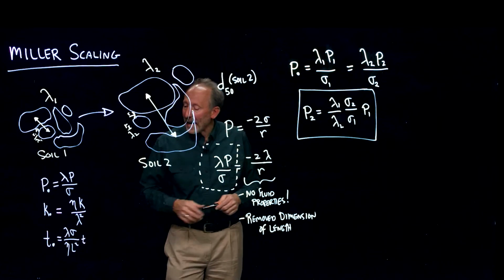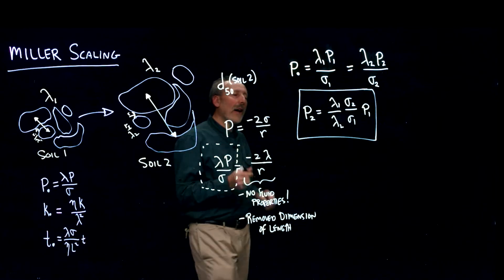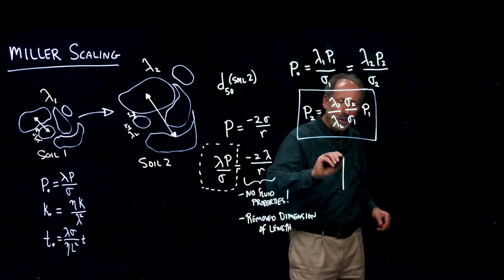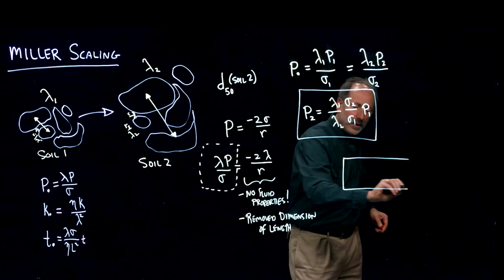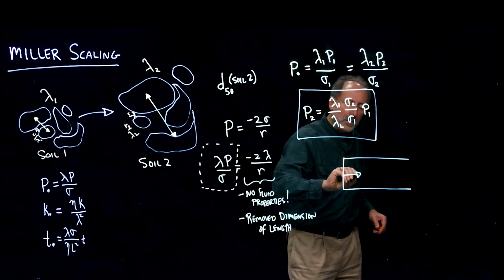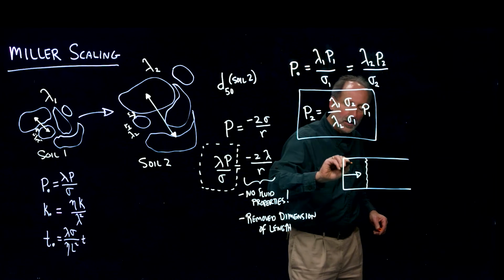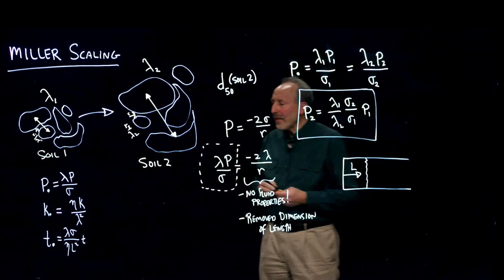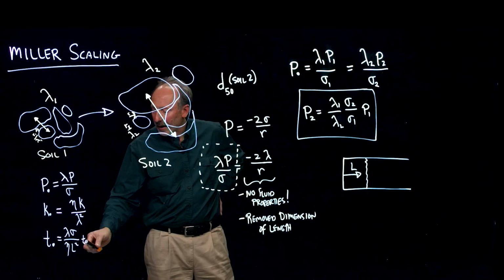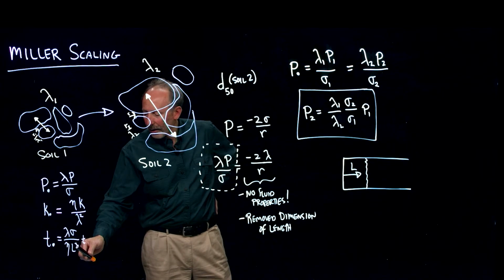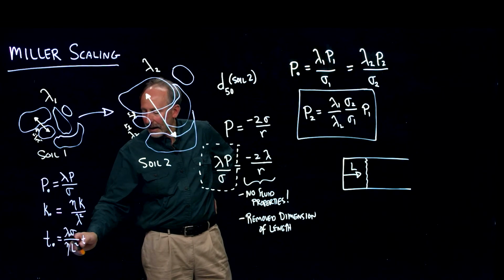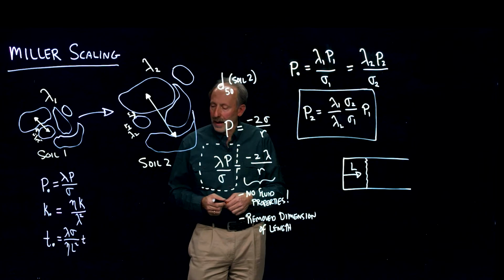Another cool one is we can actually scale time. So if we have an infiltration process, suppose we have a horizontal infiltration process, and the wetting front is moving this way, so let's say this is our length scale, then I can say if it took this much time to go that far, I could now get how long it would take to go a new length.